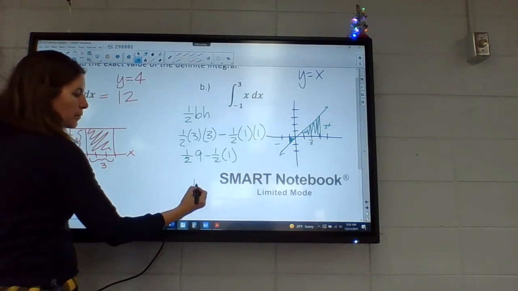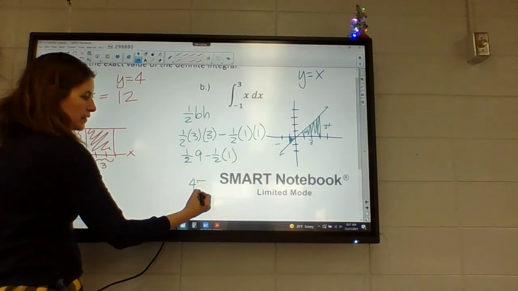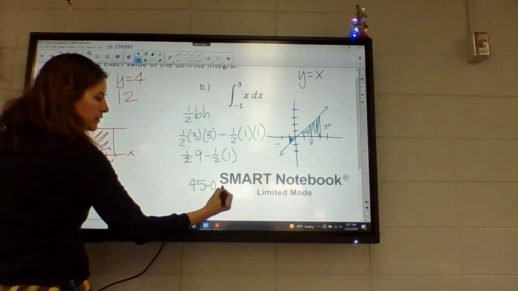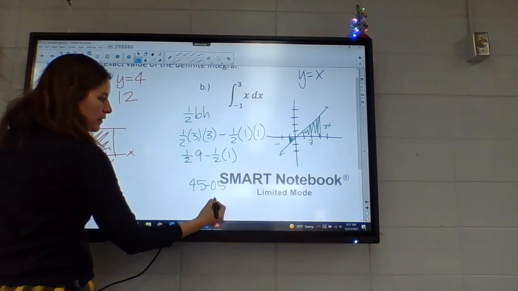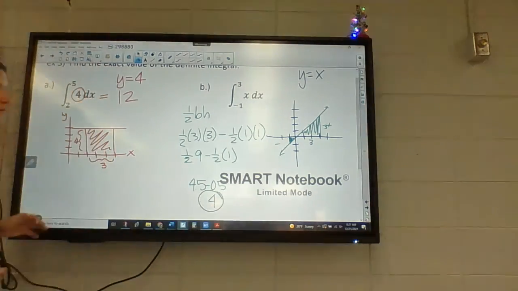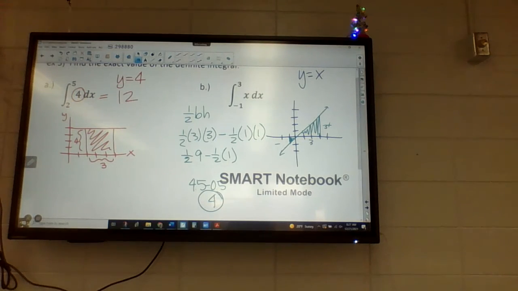So this is going to be 4.5 minus 0.5. Area ends up being 4.